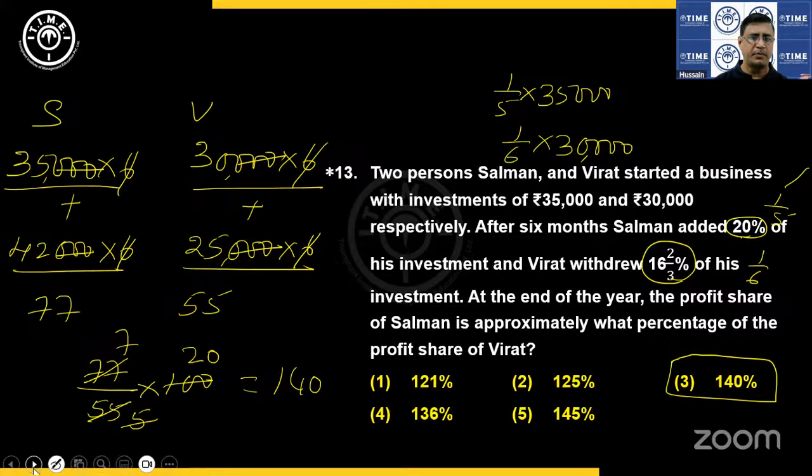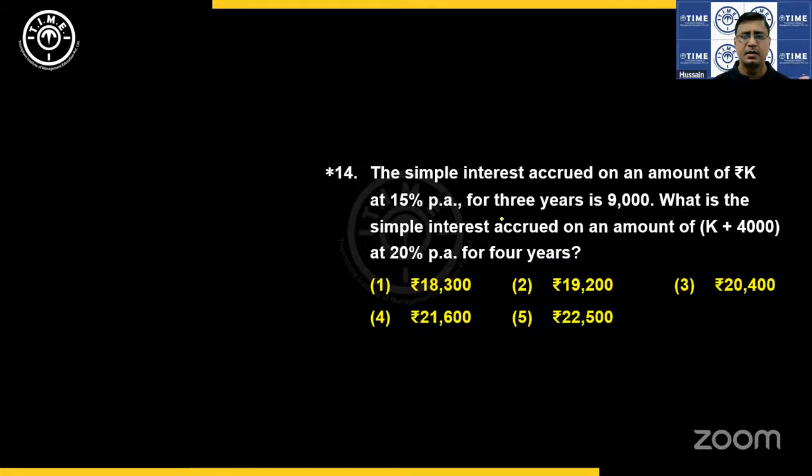Next example. The simple interest accrued on an amount of rupees K at 15% per annum for 3 years is 9,000.